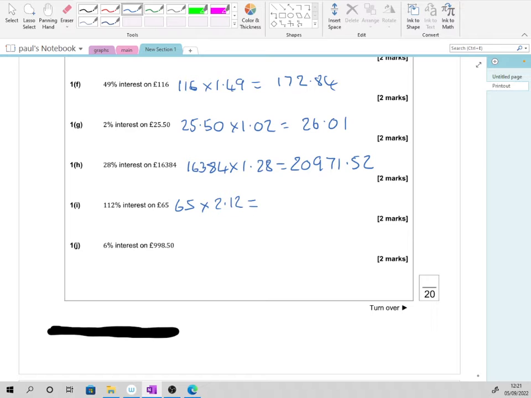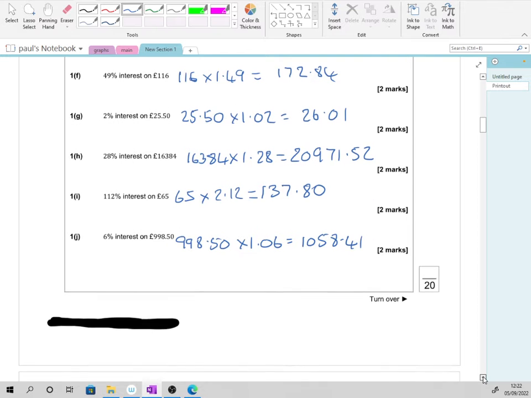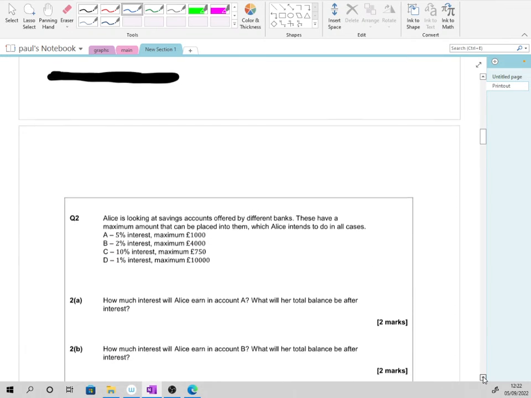So 65 times 2.12 is £137.80. And 998.50 times 1.06 is 1058.41.